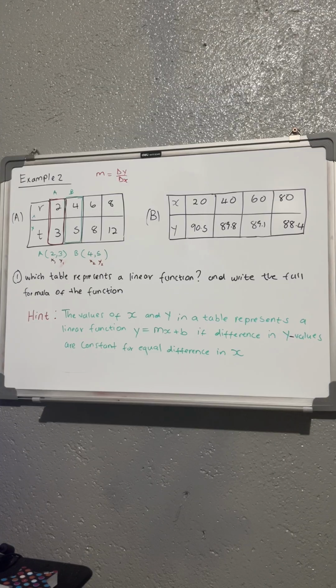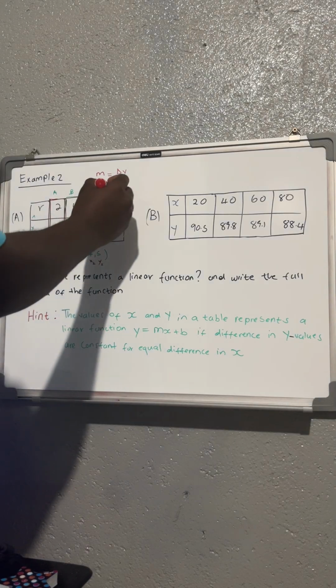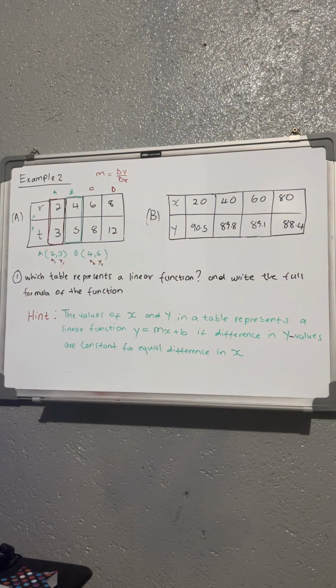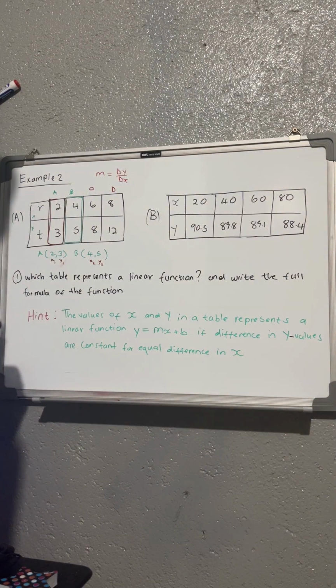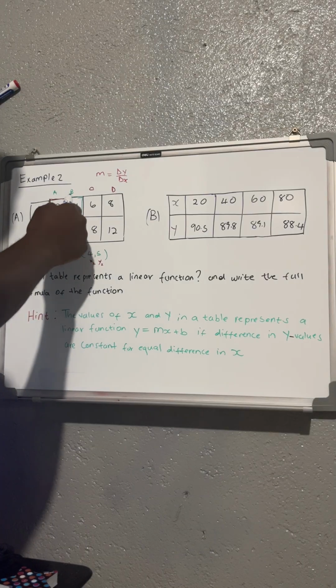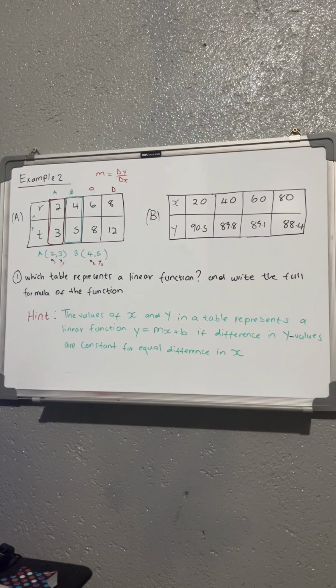So you repeat this one. Remember, here we have your A, B, C, D. You can try and find the slope between A and B, and you can also find the slope between B and C, and also between C and D. And if you're still getting the same slope, it would mean it is definitely a linear function.